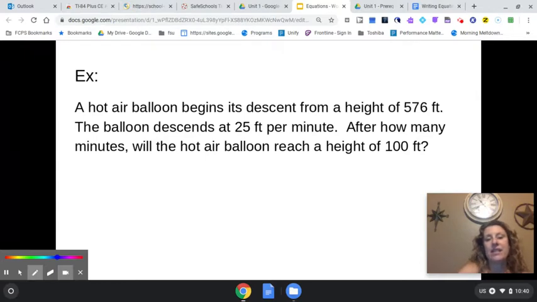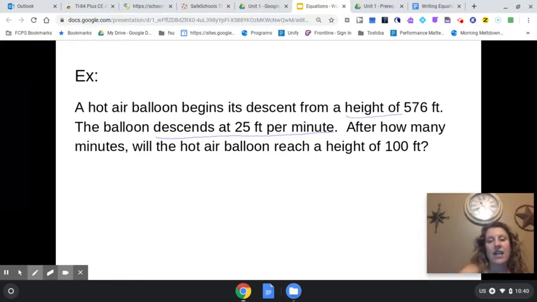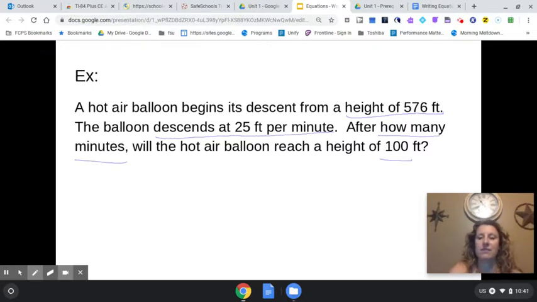So it's descending. That's important. And actually, I'll highlight it down here. Descends at 25 feet per minute. We also know that it starts at a height of 576 feet. We want to know how many minutes will it reach a height of 100 feet.